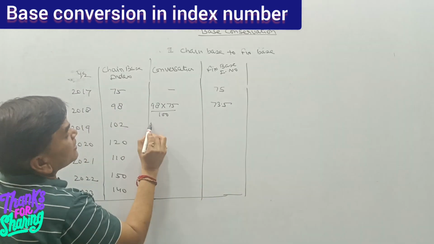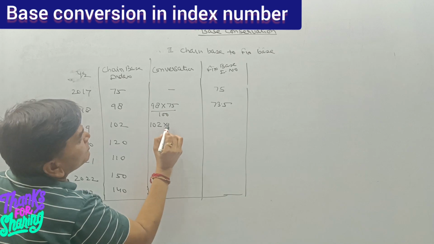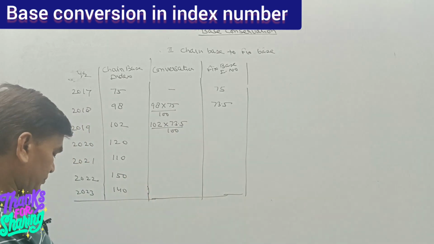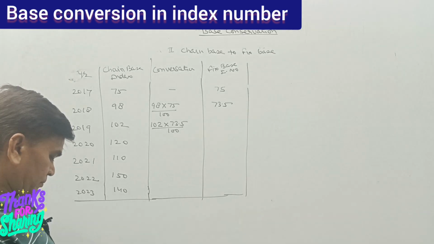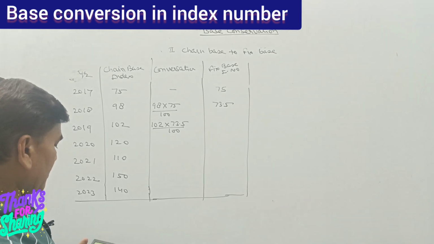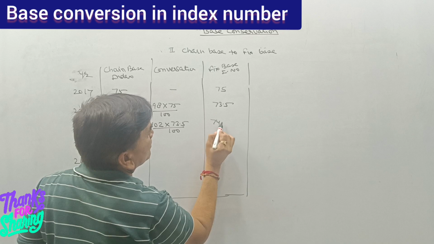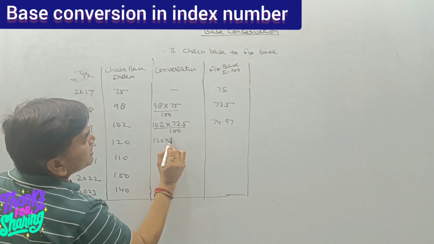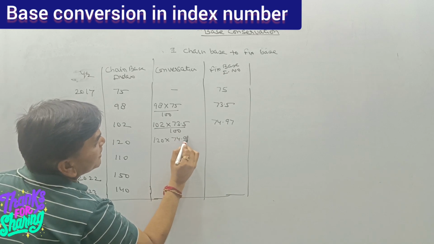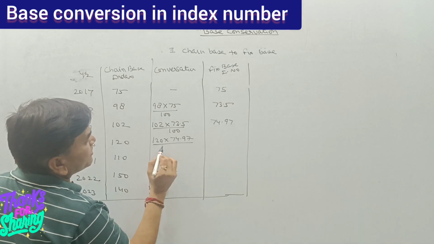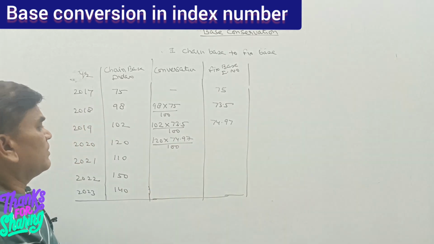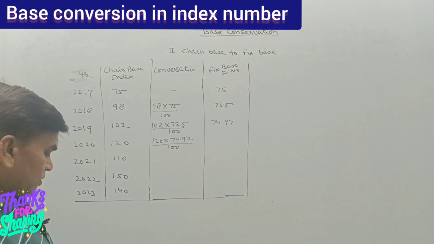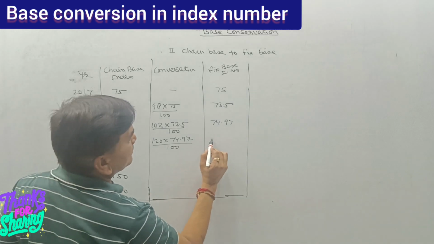Now the current year chain base index number times the previous year fixed base index number divided by 100 gives 74.97. Again, the same formula, so this will be 89.96.